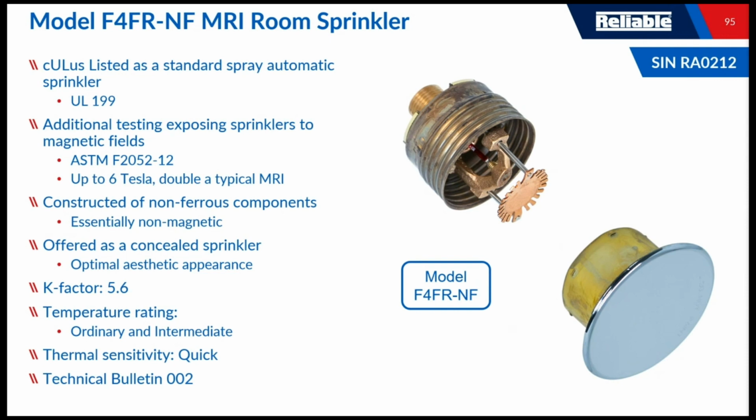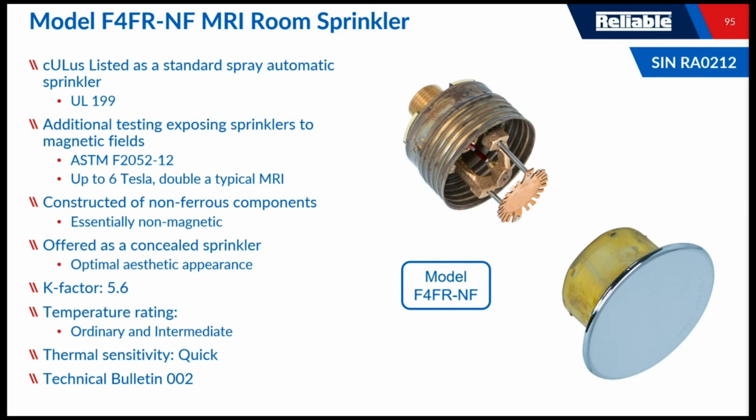That's about double what a typical MRI machine would generate. And the concern here is that MRIs have a magnetic field, and we need to make a sprinkler out of basically non-ferrous components, so the magnet doesn't impact the sprinkler and pull on it in unnecessary ways.